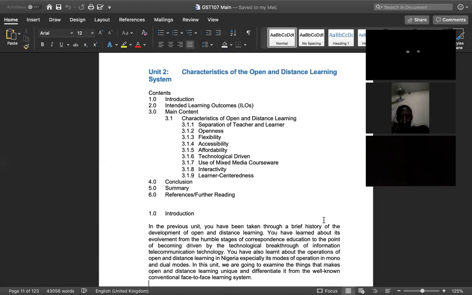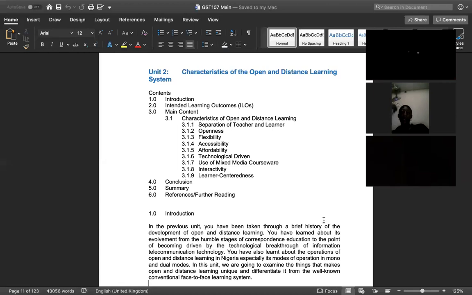Then openness as to people. Unfortunately, that is one aspect of openness that Nigeria is not making use of. That's what we mean. There should be no restriction as to the admission ability. The philosophy of open education is that let us take you from where you are to where you want to go.